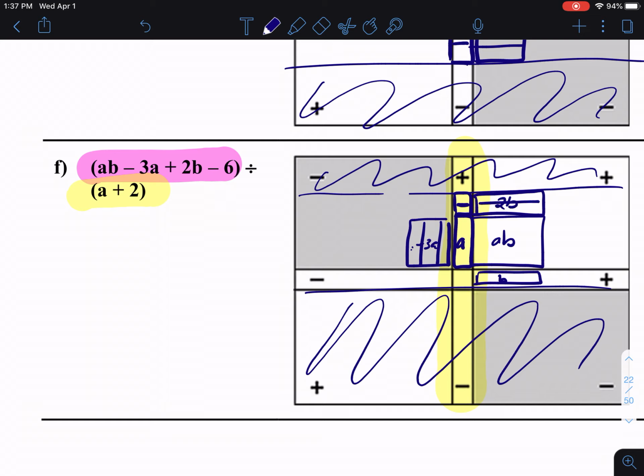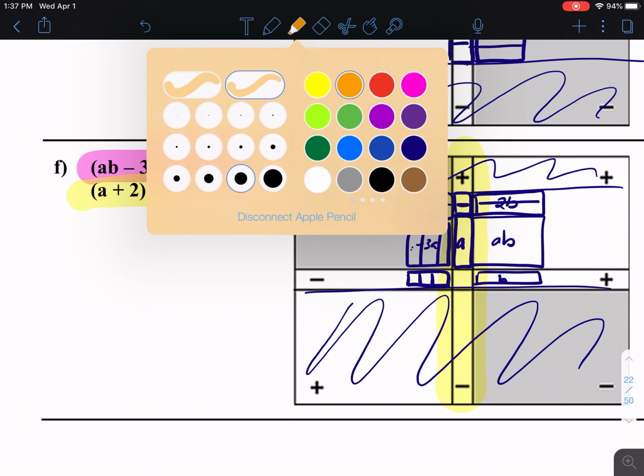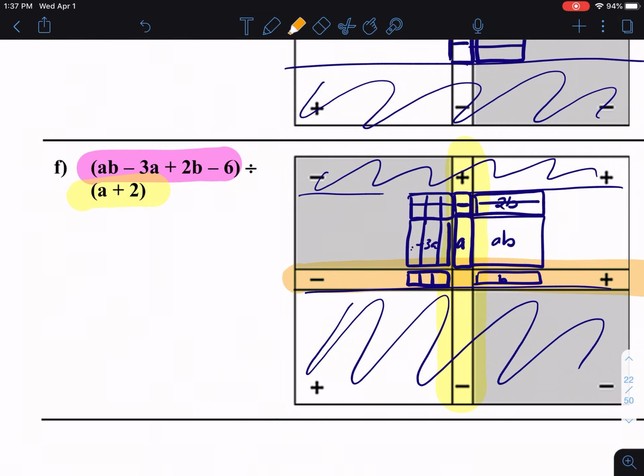And minus 6, well, there's a nice gap in here. And it turns out that if everything lines up, it'll be minus 6. So to finish up our horizontal factor, we would see that that is b minus 3. b minus 3.